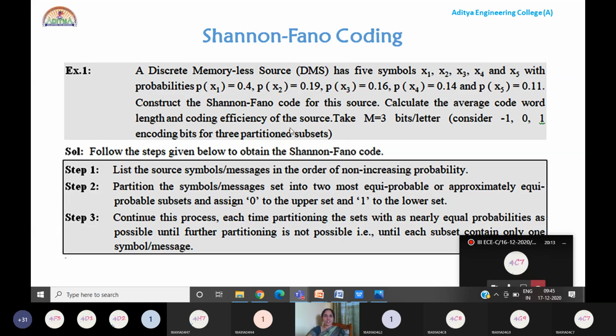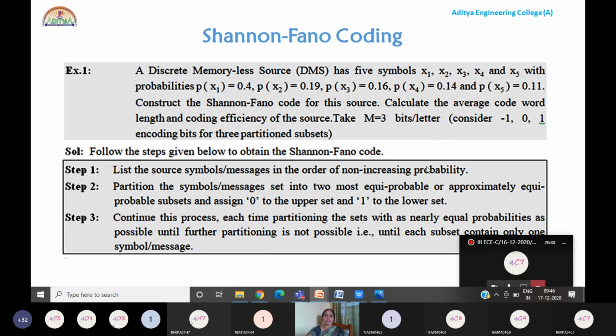First, please ensure that all the probabilities are in decreasing order. Next, please follow the steps given below to obtain the Shannon-Fano code. These three steps remain the same, except that we have to assign -1, 0, 1 to the 3 encoding symbols.